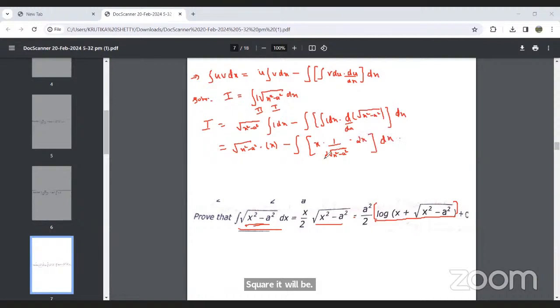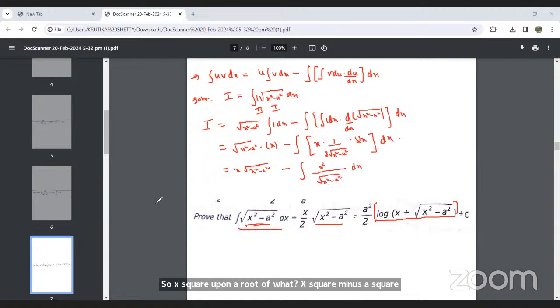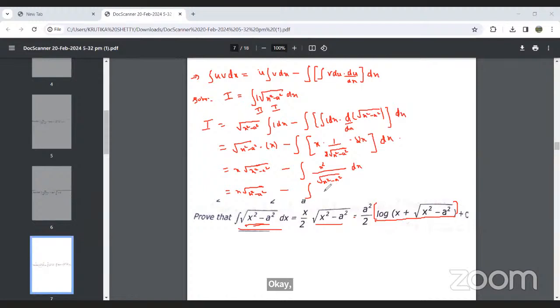Here we can simplify some terms. 2 and 2 will cancel off. So this will be x into root of x square minus a square, minus the integral of x into x, so x square upon root of x square minus a square dx. Further, x into root of x square minus a square as it is, minus, in this term we are making an adjustment, adding a square and subtracting a square.